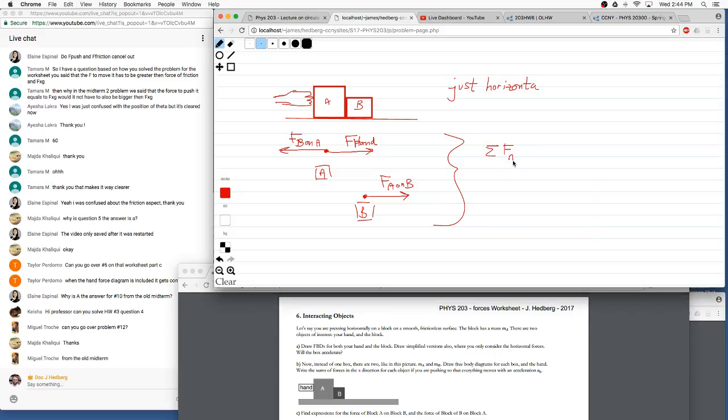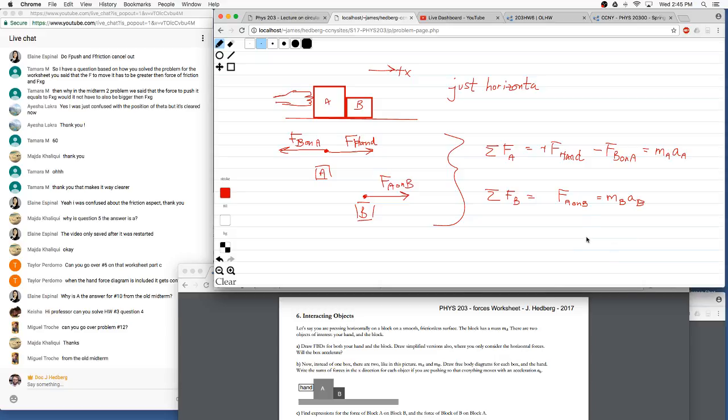So the sum of forces acting on box A is going to equal, if I call this direction plus X, plus F hand minus F B on A. Together, those are going to equal mass of A times the acceleration of A. I could do the same thing for the sum of forces on block B, and that's just going to be F of A on B equals mass B times the acceleration of B.